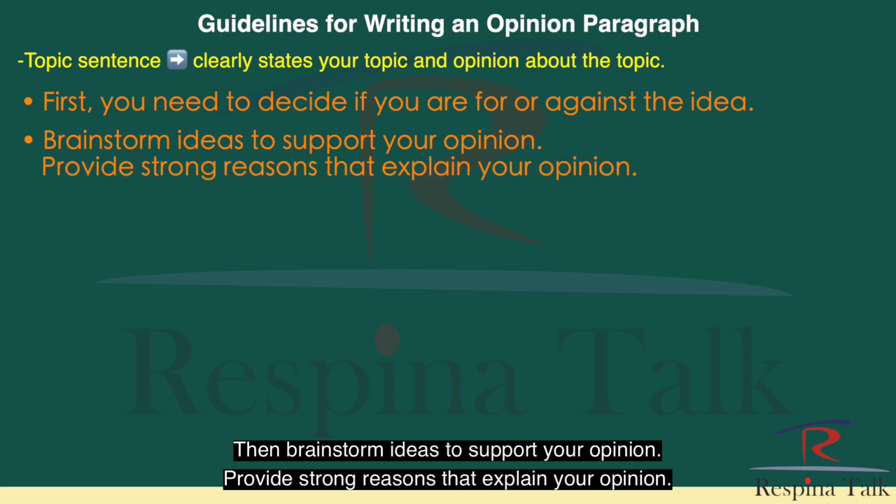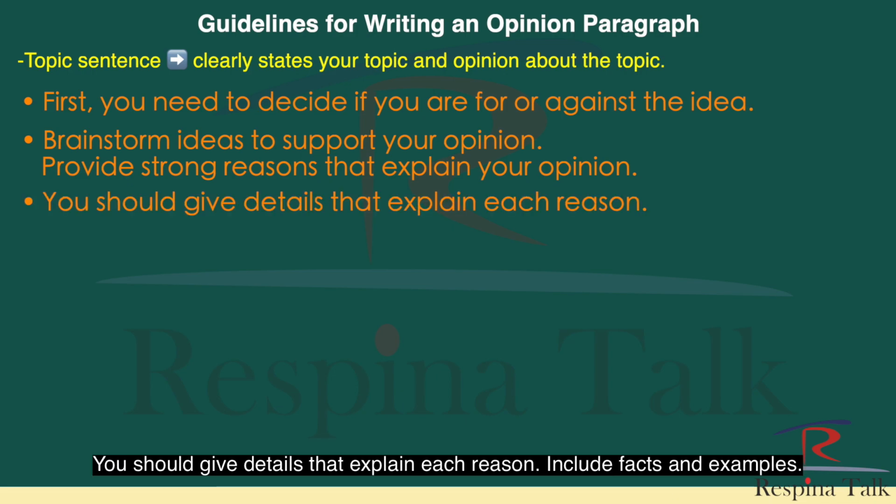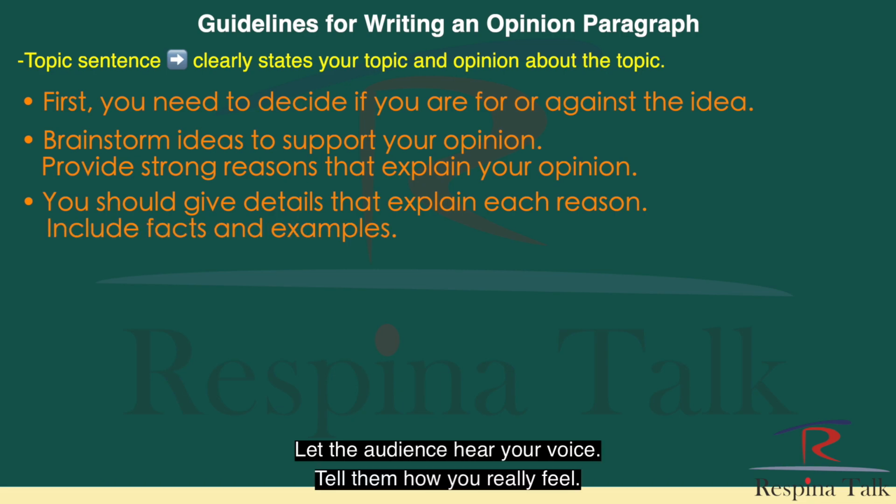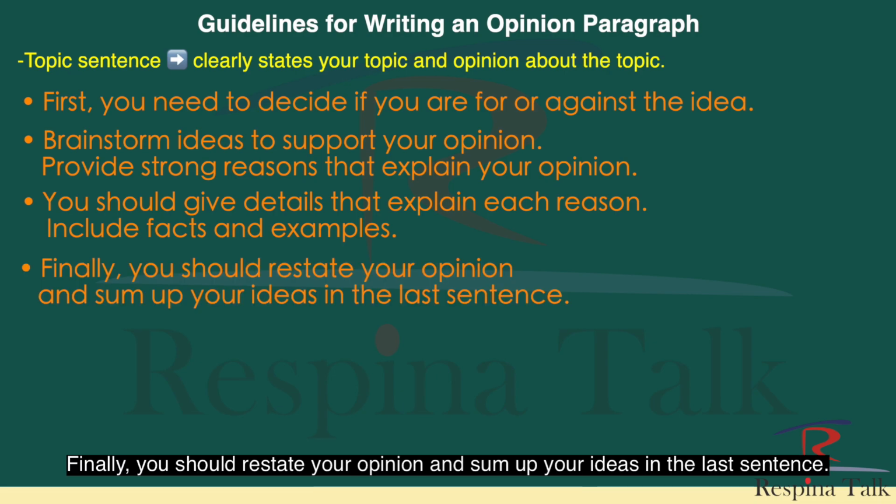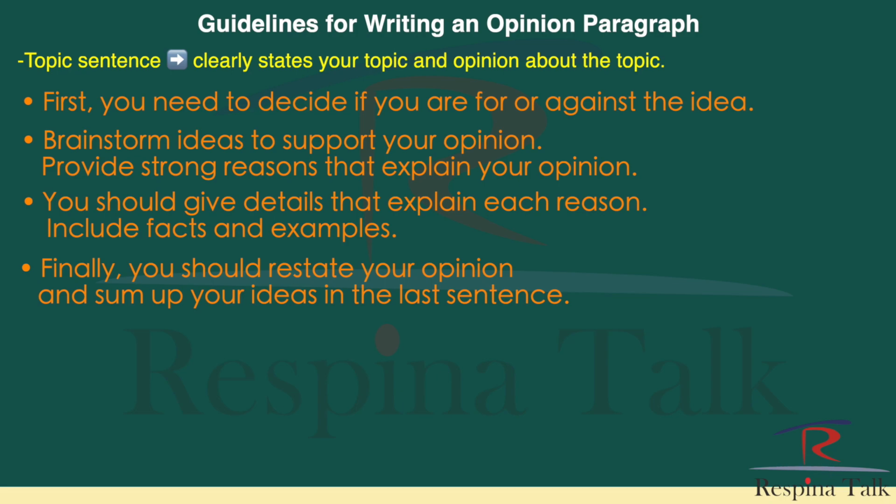Provide strong reasons that explain your opinion. You should give details that explain each reason. Include facts and examples. Let the audience hear your voice. Tell them how you really feel. Finally, you should restate your opinion and sum up your ideas in the last sentence.